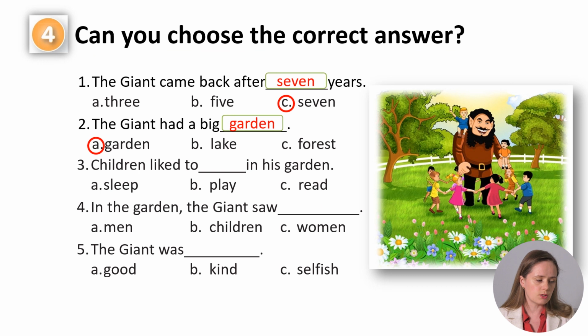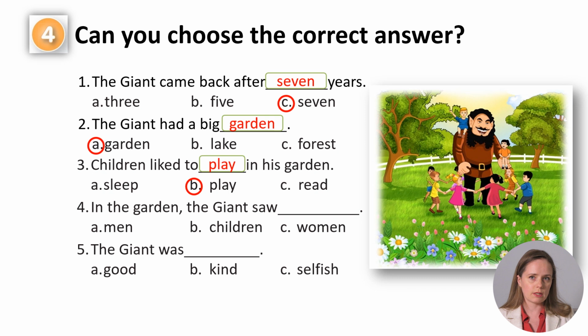Children liked to sleep, to play, or to read in his garden. Yes, the children liked to play in his garden, as you can see in the picture. Okay, number 4. In the garden, the giant saw what? Ce-a văzut?